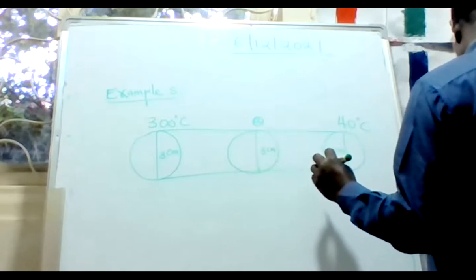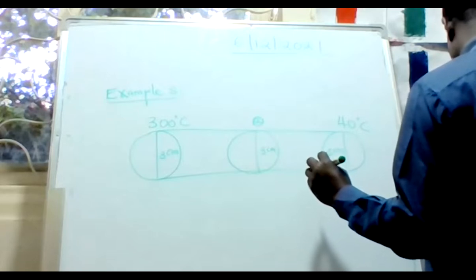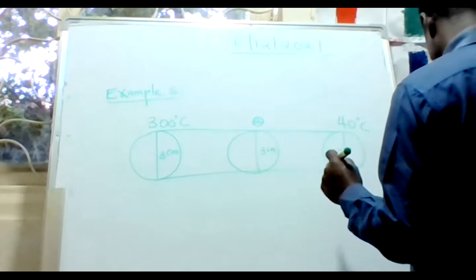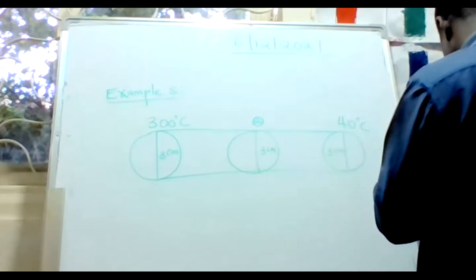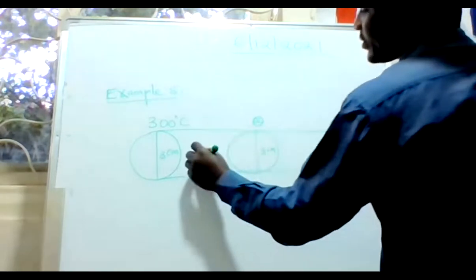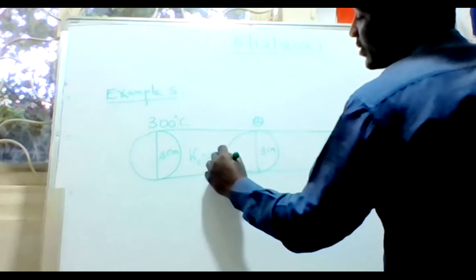The conductivity given here for copper, K of copper, is equal to 380.